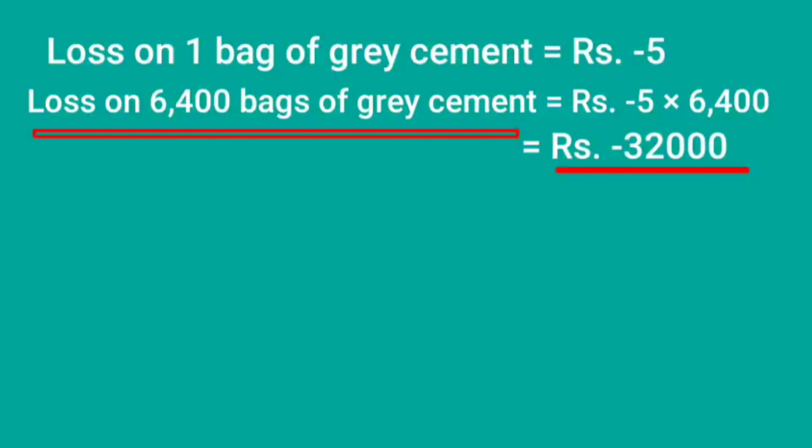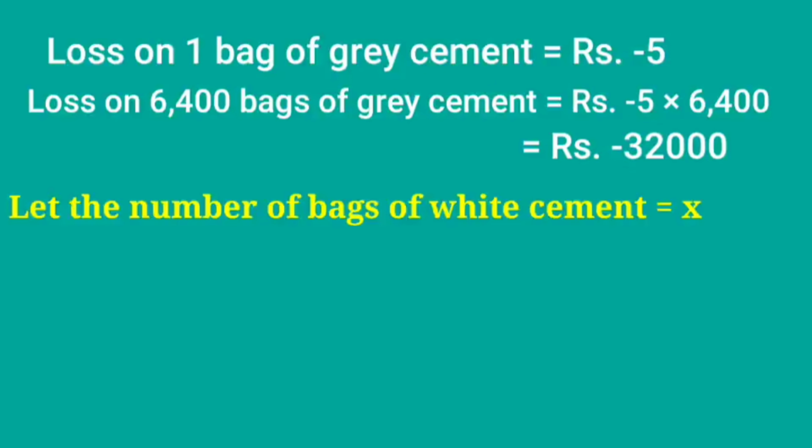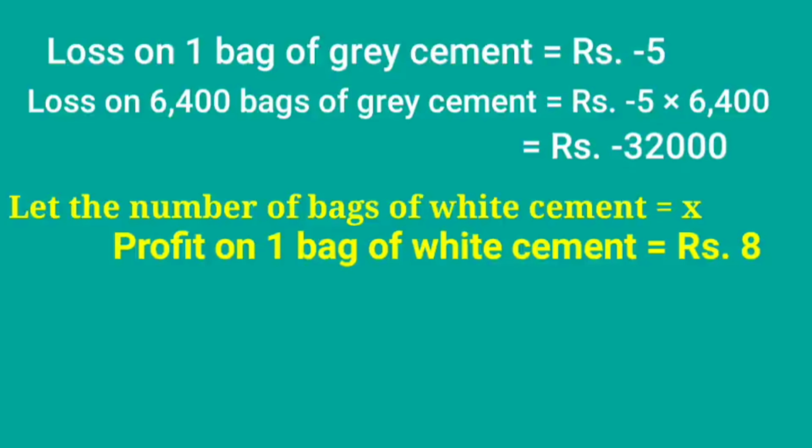Therefore, loss on 6,400 bags of grey cement is equal to rupees minus 32,000. Here, when the company sells 6,400 bags of grey cement, it will incur a loss of rupees 32,000. So, to equalize the loss and profit, how many bags of white cement must the company sell? Let the number of bags of white cement be X. Profit on one bag of white cement is equal to rupees 8.